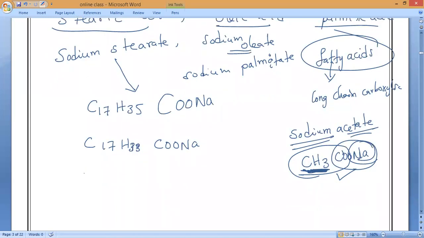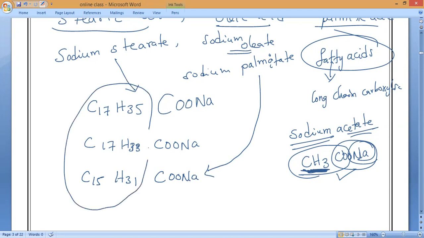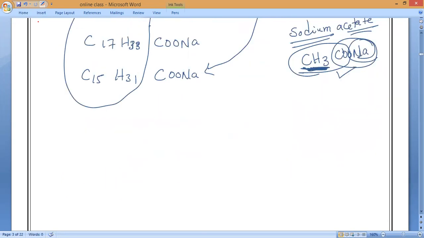Next, C15H31COONa is called sodium palmitate. Now, if you notice, this entire thing we can represent with something. Anybody can tell me? Only this part is common. So what general formula can we represent soaps with? All of you?